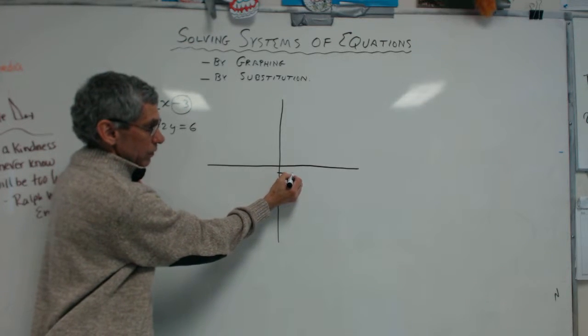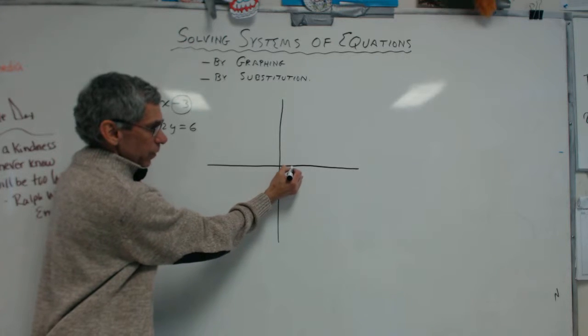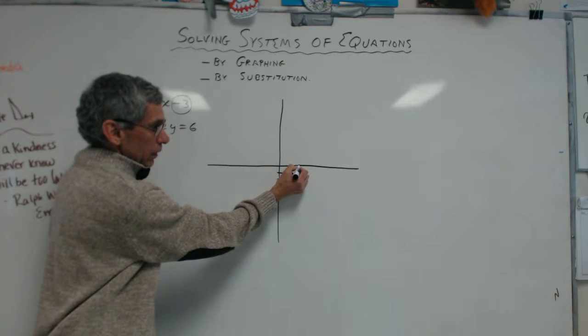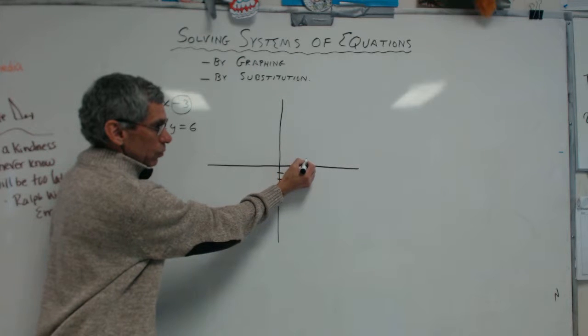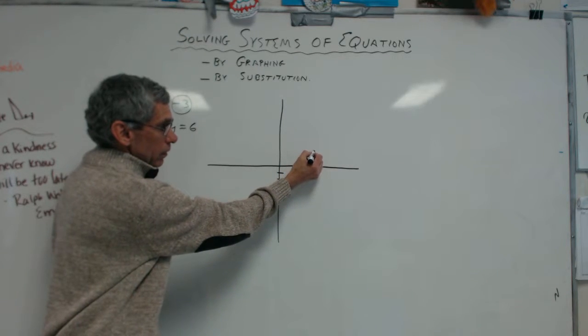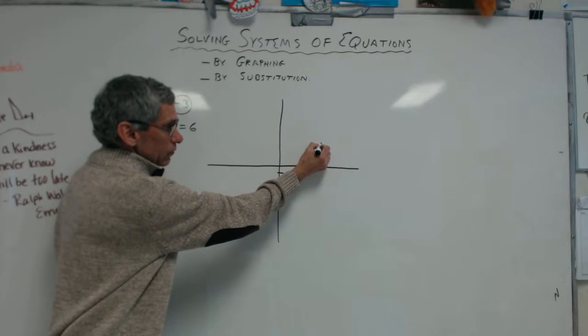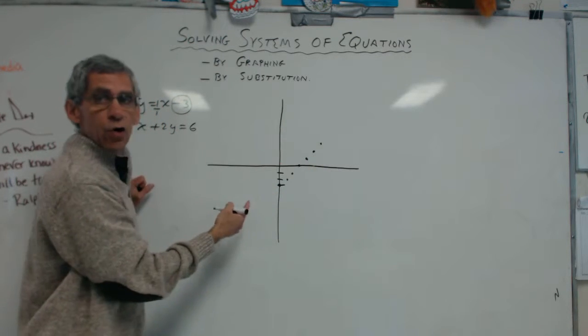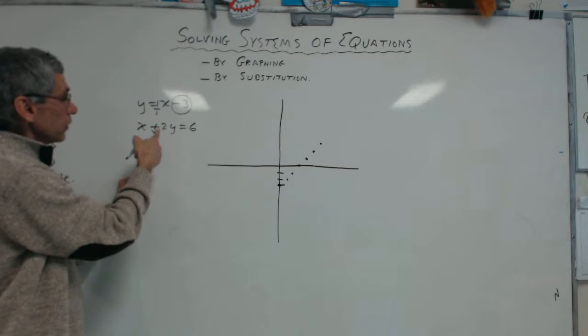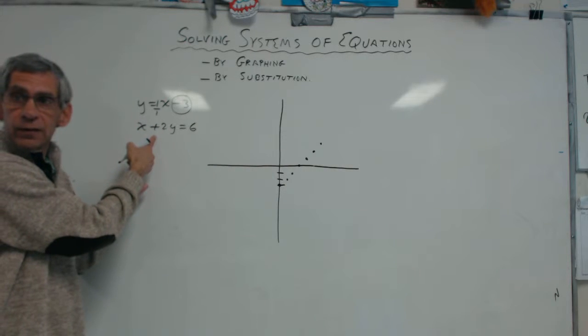Rise 1, run 1, dot. When you're solving these by graphing, it's important to keep doing the slope, rise 1, run 1, just for a while, because you're hoping that one of those points will be shared with the other line. Does that make sense?